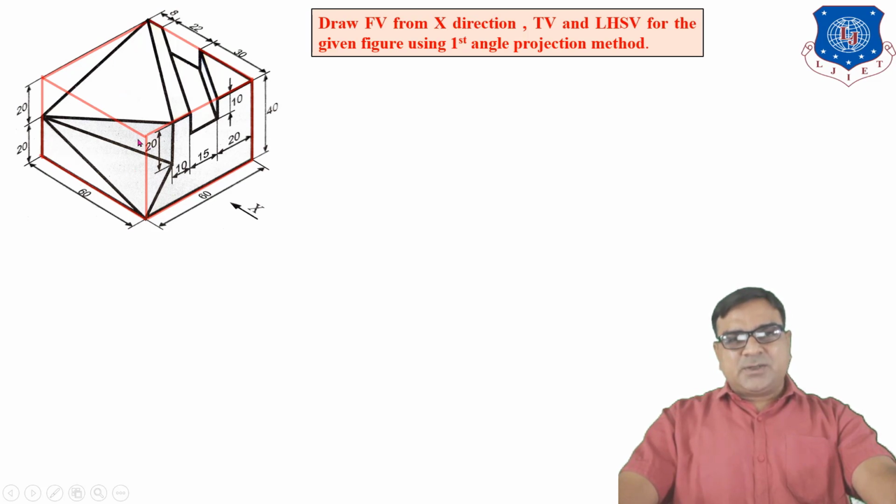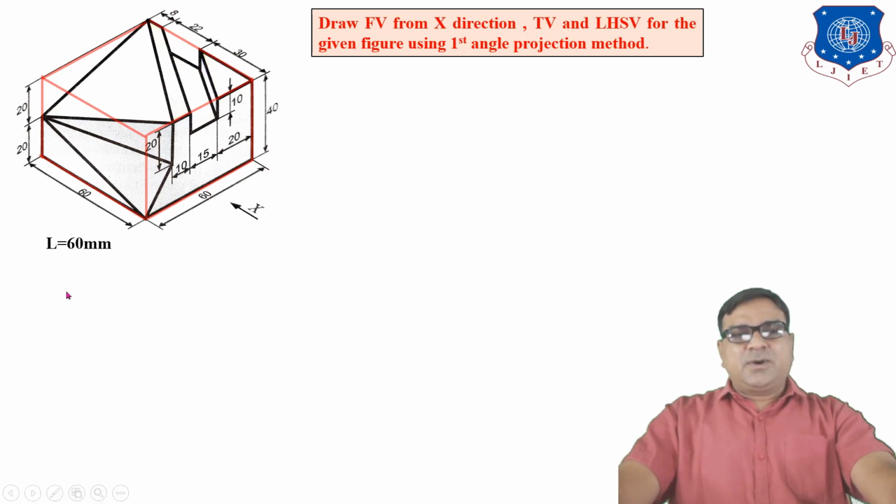One part is also removed from here. This surface is perpendicular to HP, perpendicular to VP and parallel to the profile plane. This surface is inclined to HP, inclined to VP and inclined to PP also. This triangle is perpendicular to HP, inclined to VP, inclined to PP.